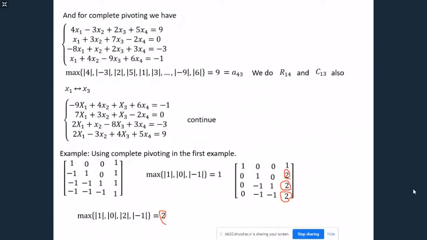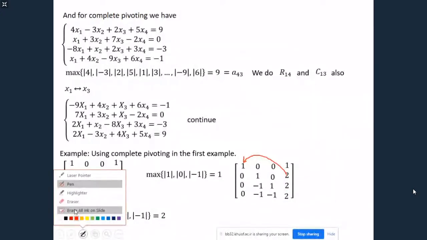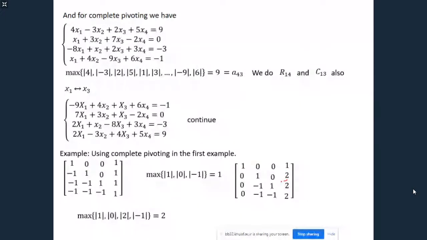By using the first one, we change this one to the new pivoting. Okay, we do C24. That means substitute the second and fourth column together.